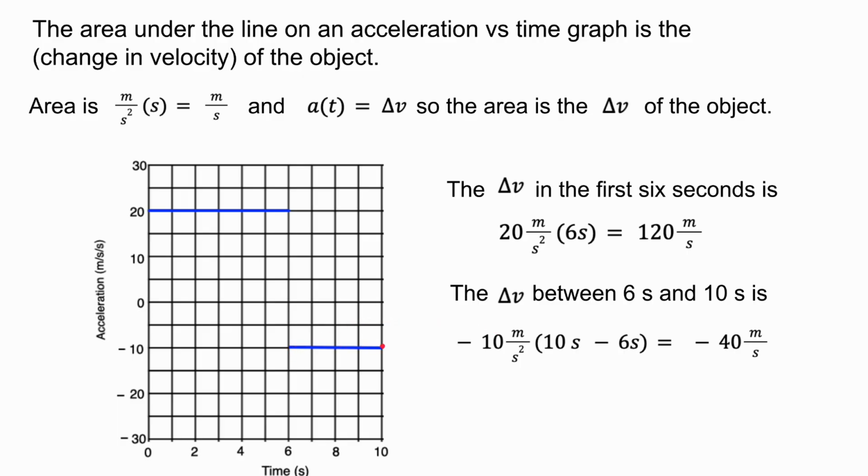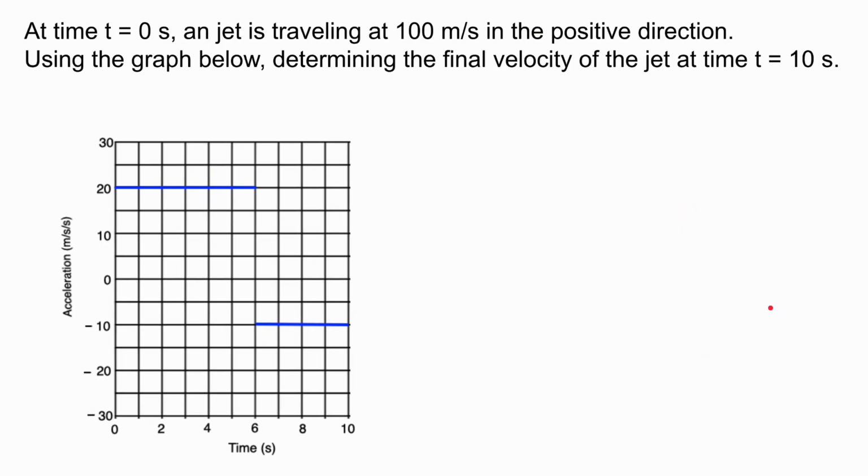Remember, I've got to remember that it's the change in x. So this is just 4 seconds, and so that's negative 40 meters per second. So the total change here that would have occurred if these accelerations had been applied to an object with an initial velocity of 0, then what I'd end up with is I'd added 120 meters per second, then I took 40 away, and that means I would have 80 meters per second of change.